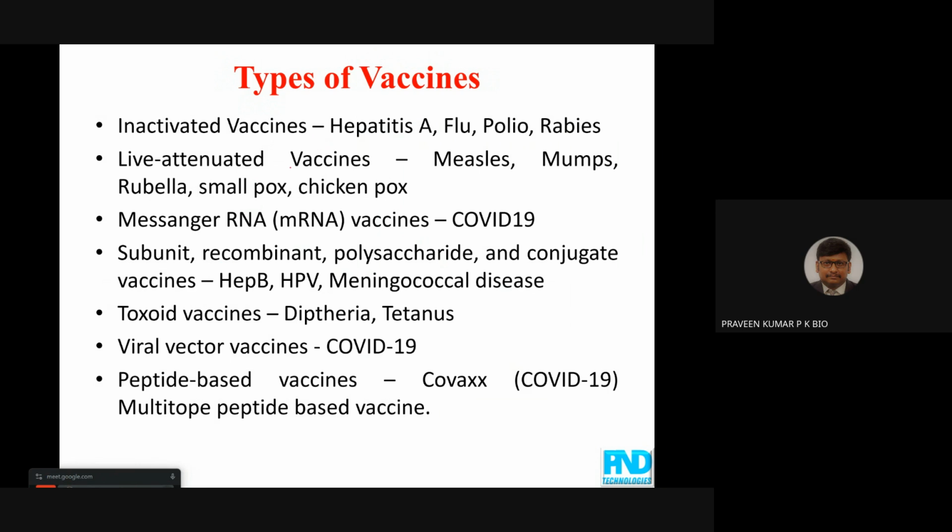Okay, and if you see, messenger RNA vaccines can be used for the treatment of COVID-19. And even if we degrade the viral membranes, we can release the proteins from the viruses. Whatever proteins we release are in the form of subunits. And sometimes we can use recombinant technology to increase vaccine production, especially in COVID-19, when we faced the pandemic situation.